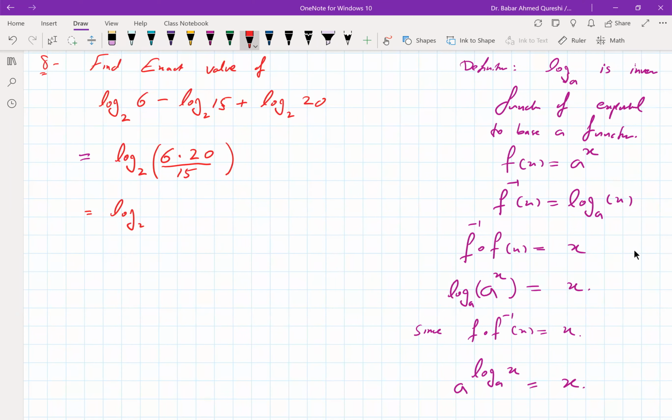So this gives me log 2 of 2 times 4. So it's log 2 to the 3. And this is the formula. So it's equal to 3.